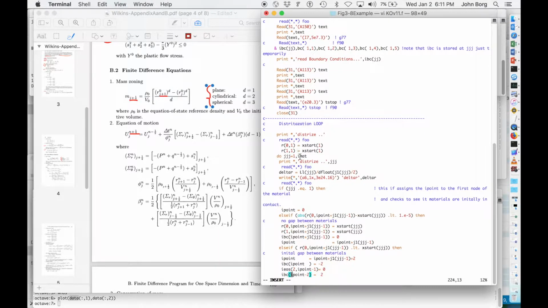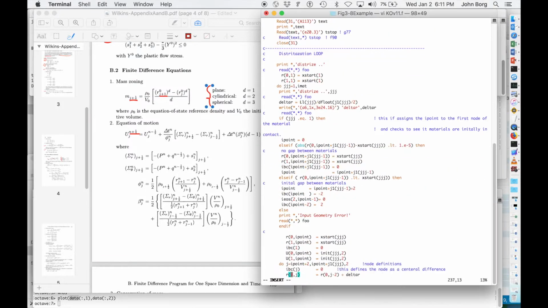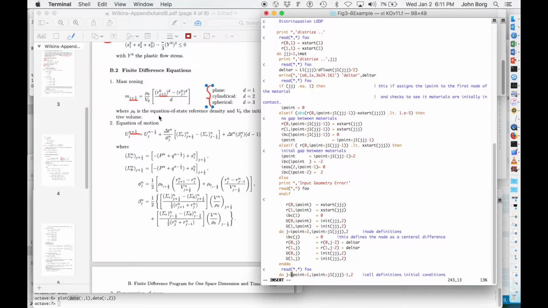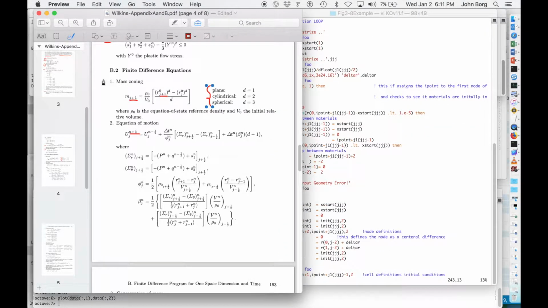So the next thing it does is the discretization loop. This is where it divides up the material length into the number of nodes that you set and then assigns mass to that. Really, that is mass zoning. That is this first step within Wilkins' formulation. And this being a Lagrangian code, those masses won't change for the entire run.